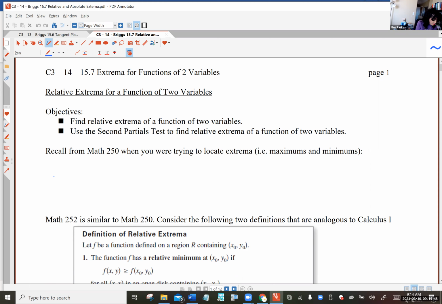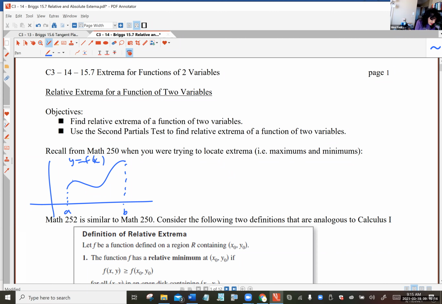So recall from Math 250, if you were given, say, the graph of some function like this, when they asked you to find maximums and minimums, let's say they were asking you to find it on an interval A to B. There were different kinds of maxes and mins. They might talk about a relative or an absolute.